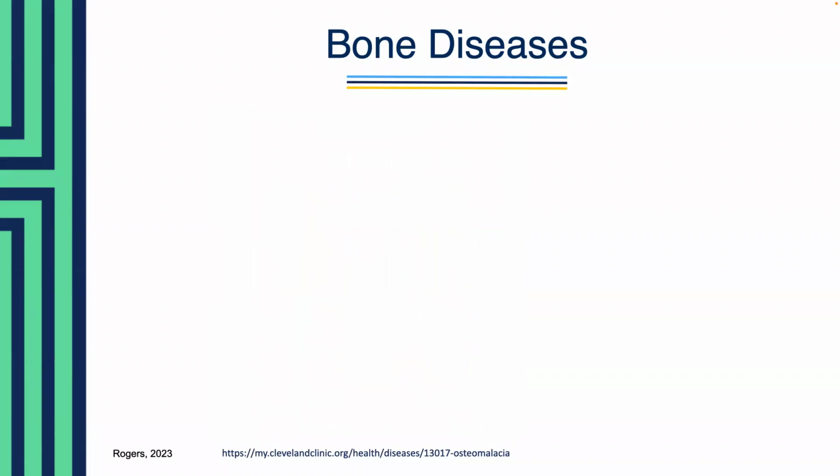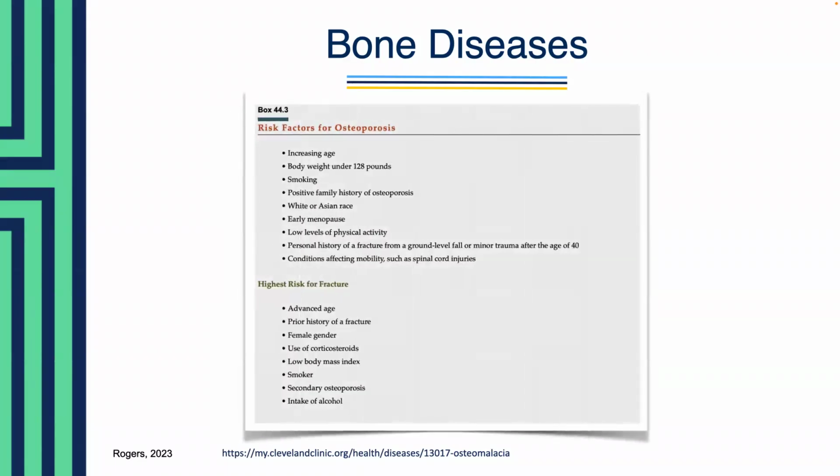Now, the next image from the textbook is 44.3, and it goes over risk factors of osteoporosis, breaking it down to even the highest risks for fractures. So when we think about osteoporosis, it's characterized by low bone mineral density caused by altered bone microstructure and leads to increased risk of fractures as well.